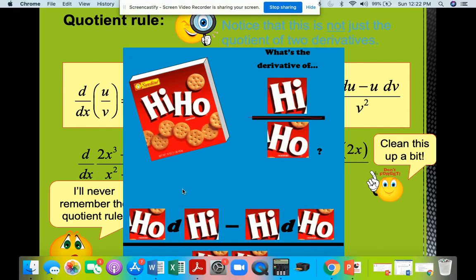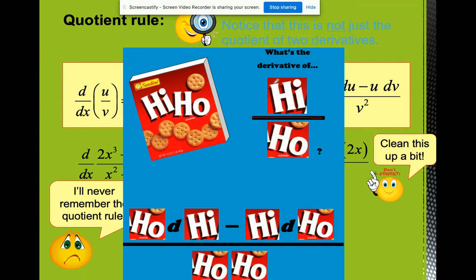Isn't that cute? If high is the top and ho is the bottom, ho ho is underneath: ho d high minus high d ho. Love it. So that is a way you can remember the quotient rule besides u's and v's and v squares and whatever.